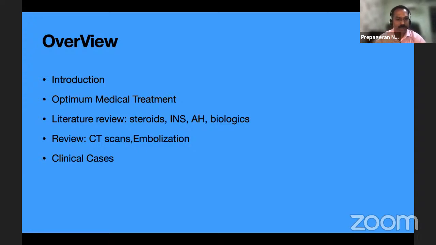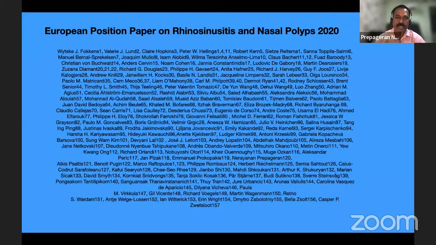I'm also going to talk about CT scans, how effective they are preoperatively, what is their value, how sensitive they are, and embolization, how useful it is if you're doing surgery on something that is vascular. And of course, I can't leave without showing some clinical cases. One of the go-to papers is the EPOS paper.